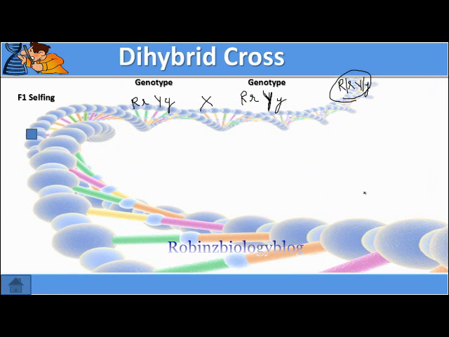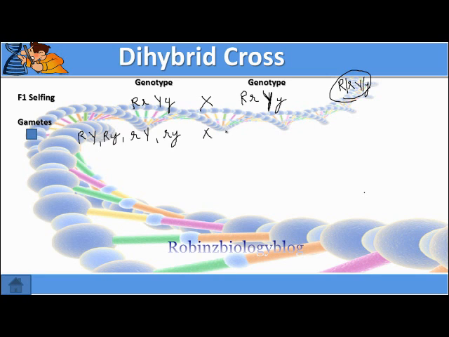So once we are here, we can write the gametes, so I'll just quickly write them down for you. For the first parent, capital R capital Y, capital R small y, and then small r with capital Y, small r with small y.